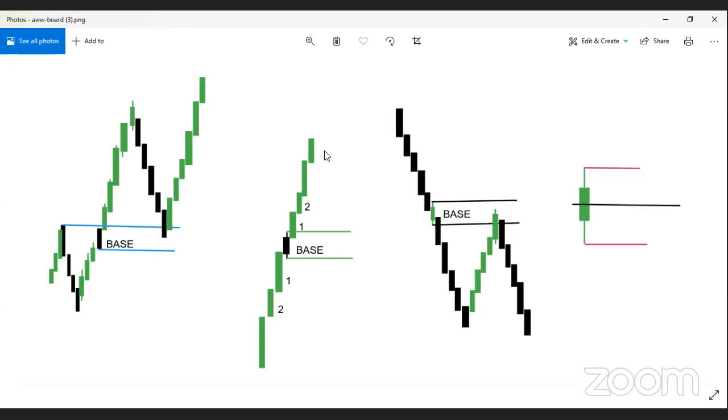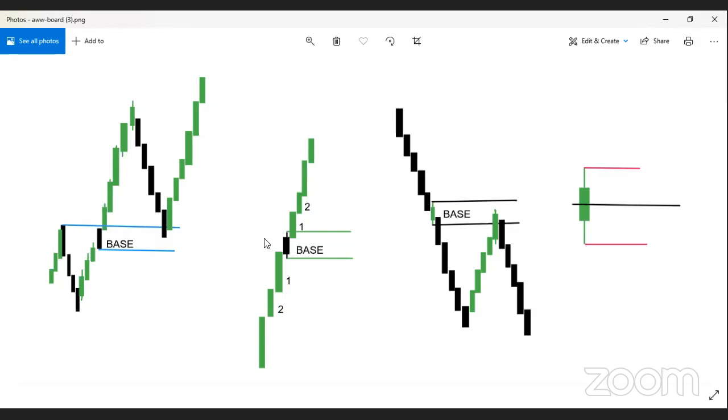Okay. So when price comes here, we expect to see price going up because we have our base here. So let's take we have price going up right now, and we see our base here, and then price comes back and pulls back. So what is a base?